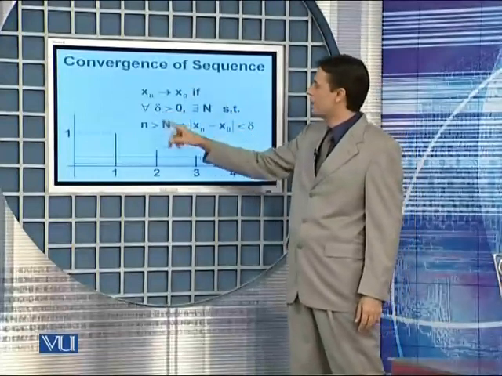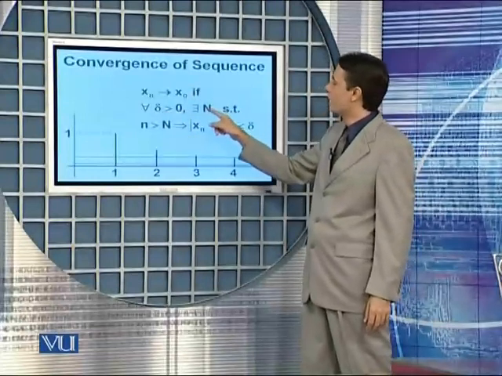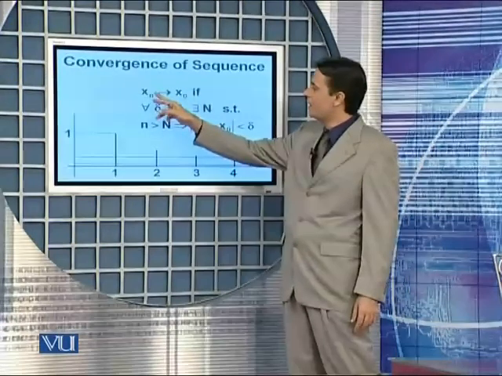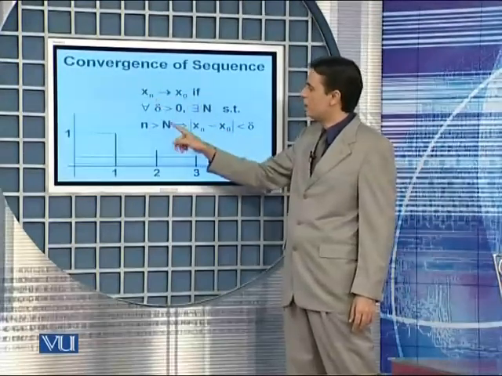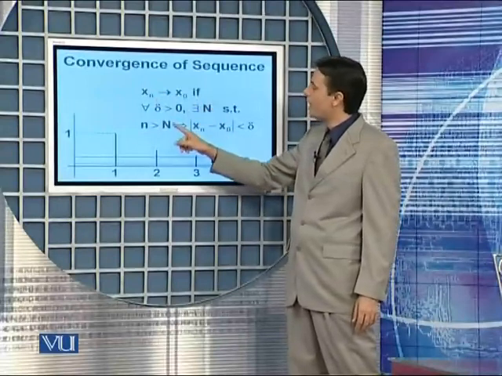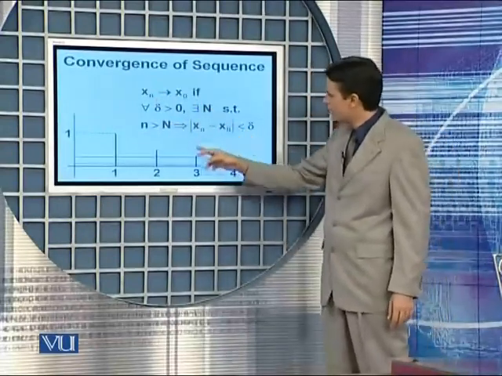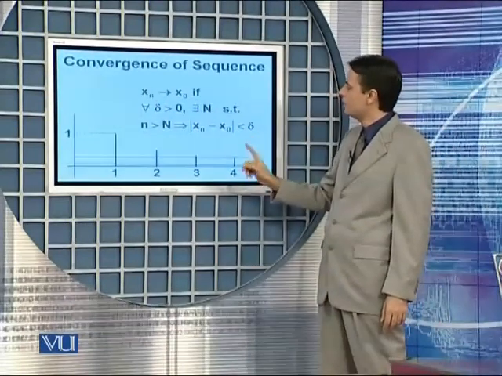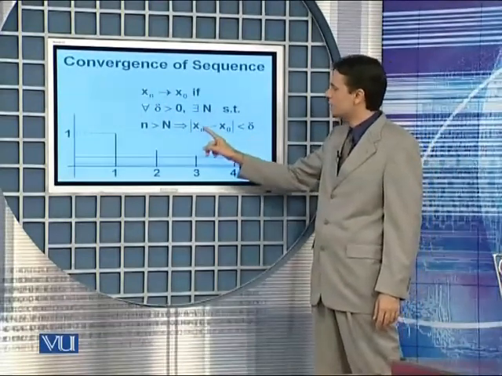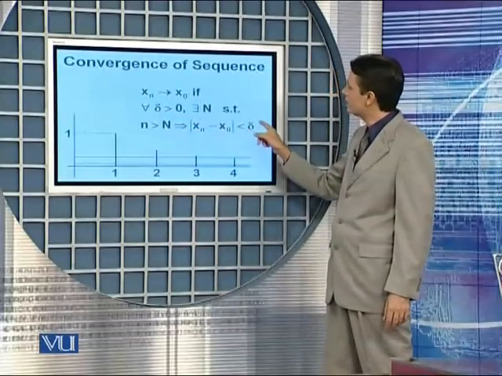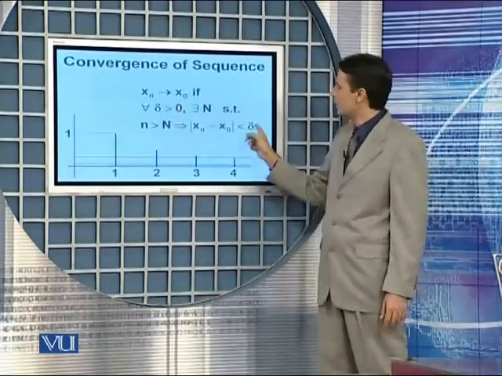So you pick the limit, I'll give you a value N in such a way that whenever the index n of this sequence is greater than my provided value N, then the absolute value of the difference between numbers after N and the destination remains less than your limit.